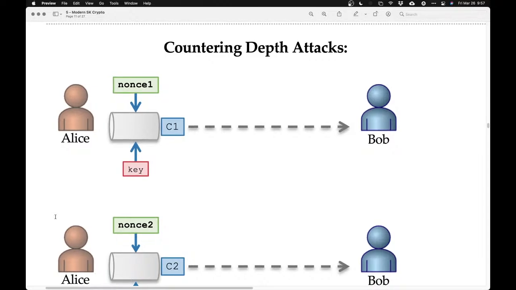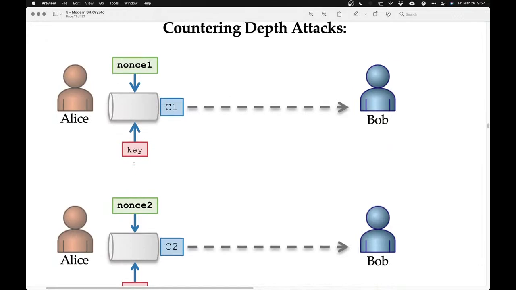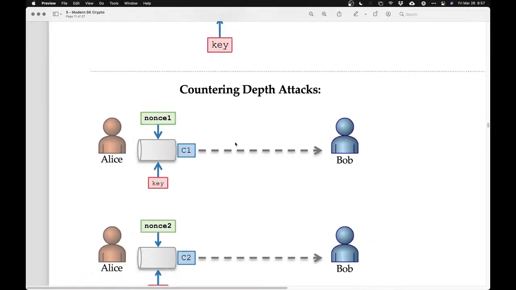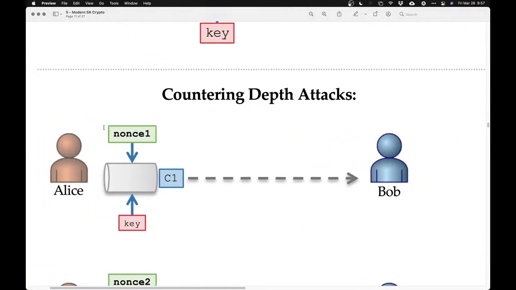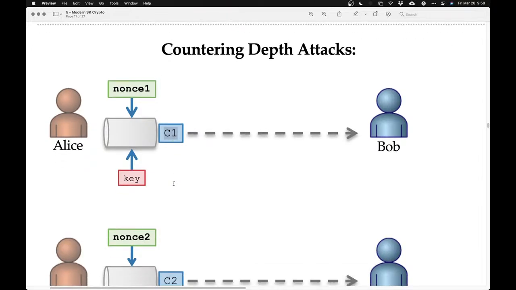This is how we use the nonce against depth attacks. When Alice wants to send some information to Bob, Alice uses the key that Bob knows, and she creates a new nonce and uses that in the encryption to create C1.